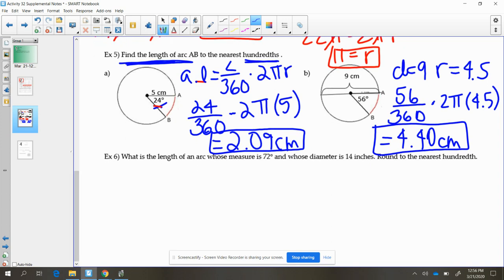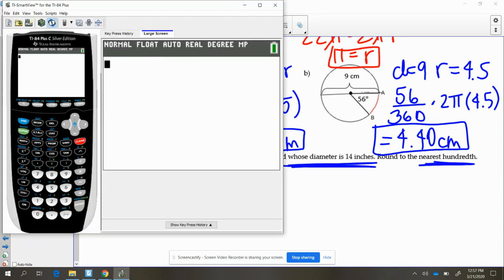Last but not least, the length of the arc. So again, we're using angle measure over 360 times 2 pi times the radius, rounding to the nearest hundredth. Again, be careful with your rounding here.